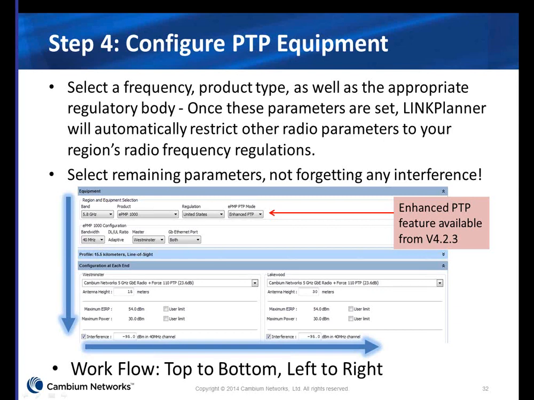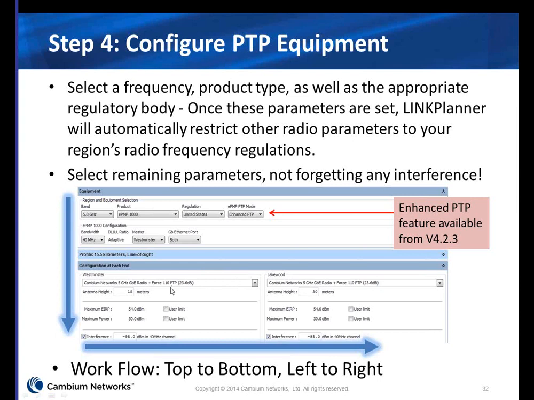As John was describing earlier, we have two different options as to whether you use the unsynced radio or the synced radios for the Force 110 PTP, and that changes how much capacity we can get through. So if we're using a 40 megahertz bandwidth, then we really need to be using gigabit Ethernet ports at both ends of the link in order to see the full capacity of the radio, which is what we can see down in here underneath the configuration at each end.